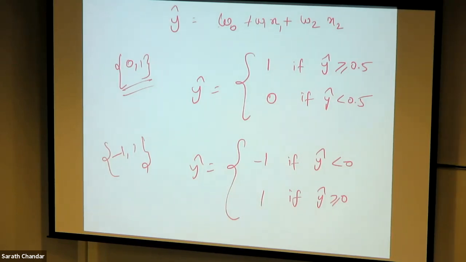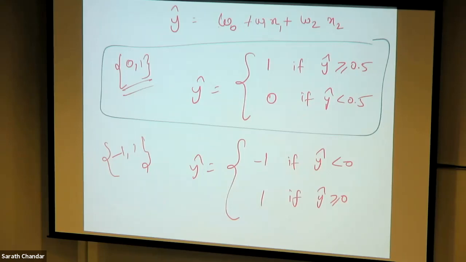Okay. So now let's just consider this version. In this case, why did I pick 0.5? What is the significance of 0.5 here? Yep, it's right in the middle of both values.